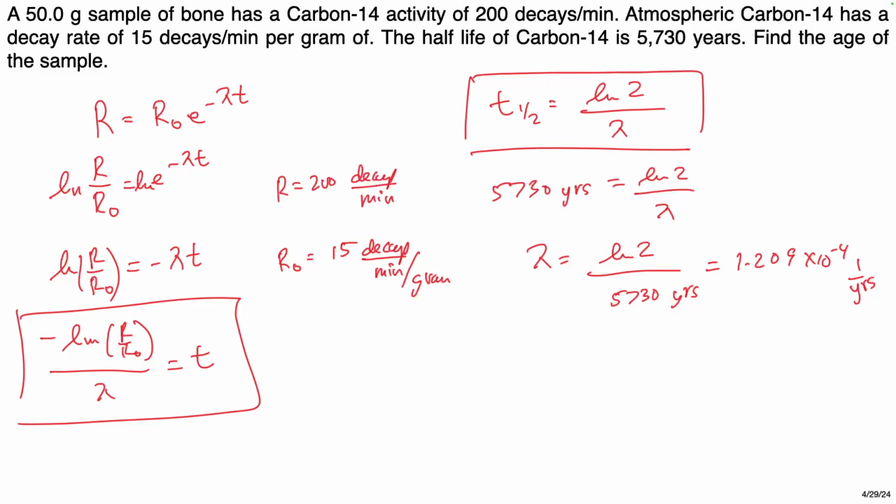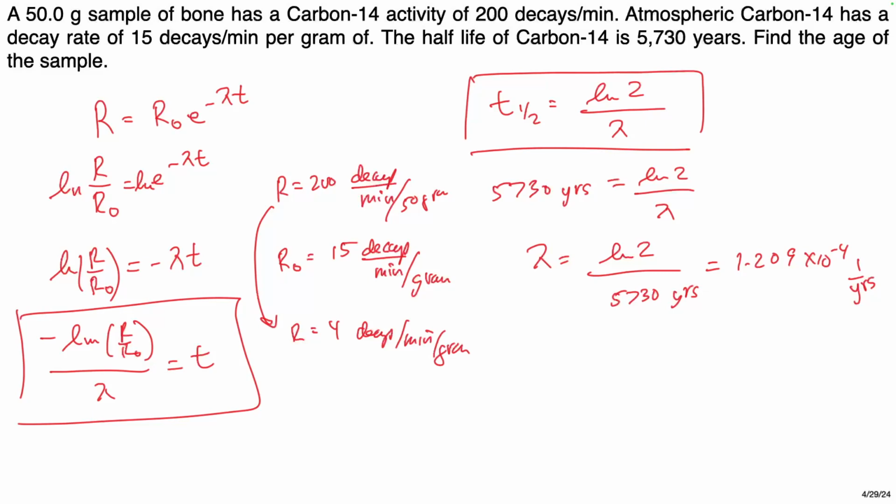Or I can take 200 decays per minute and divide by 50 grams to get decays per minute per gram. It doesn't matter which way you do it, I can divide 200 by 50 easier than I can multiply 15 times 50, right? So I'm just gonna take my 200 decays per minute, divide by my 50 grams, and then that makes my R equal to 4 decays per minute per gram.